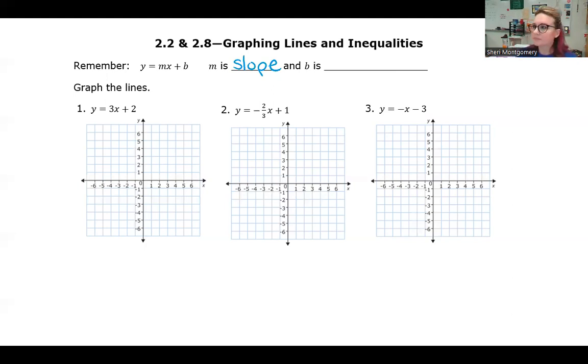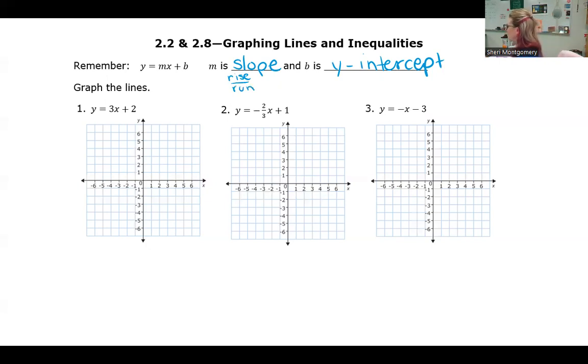Yes, the y-intercept. B would be a base in a formula for area or something. So the y-intercept. And one way that we talk about slope is rise over run. Yes, rise over run.